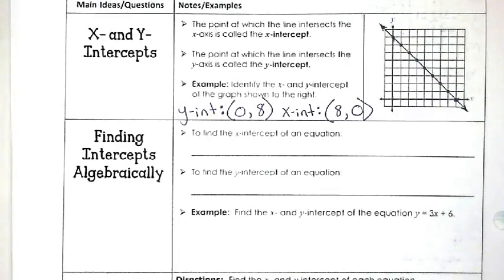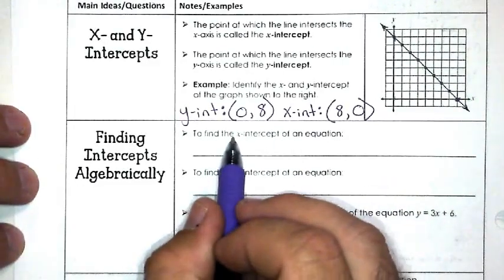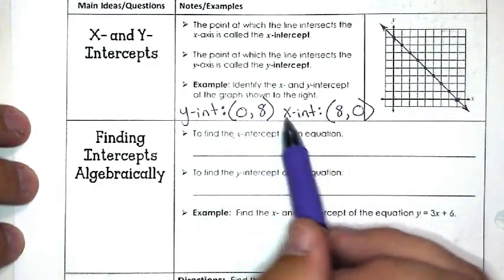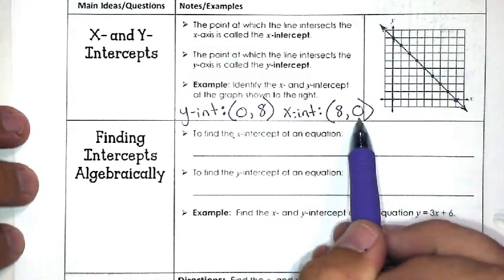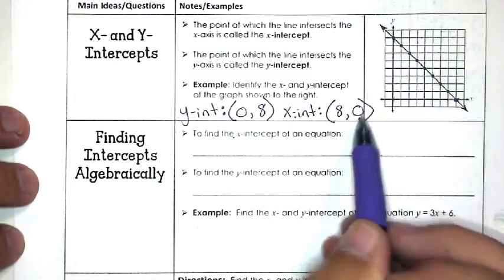Now, what you truly need to know is how to find the x and y intercepts from an equation. To find the x-intercept, looking at the x-intercept here, what did y equal? 0.